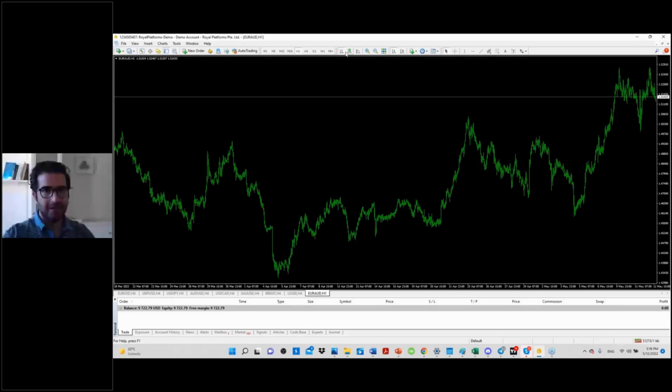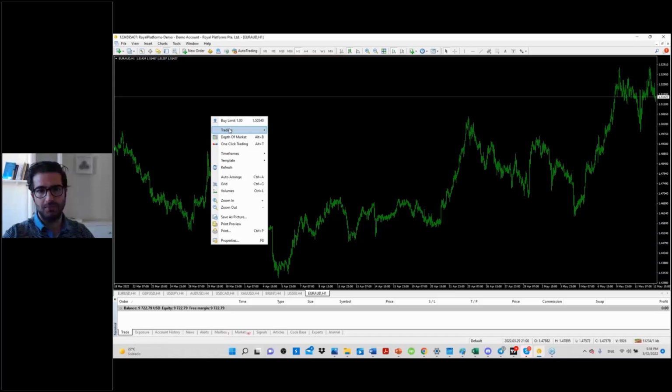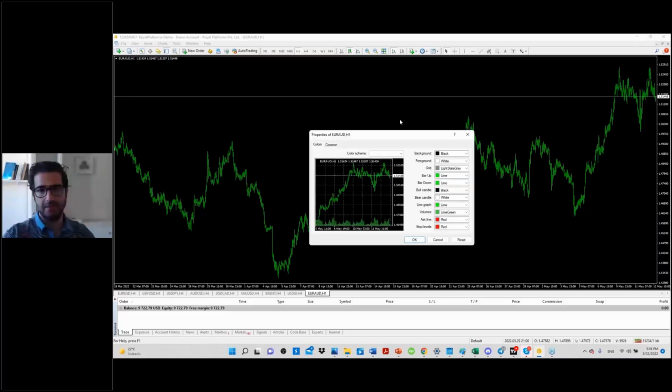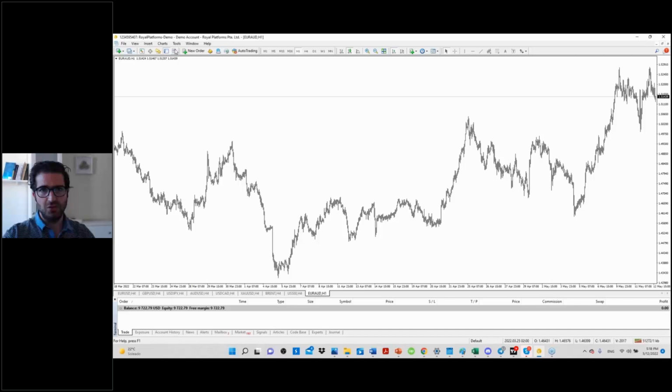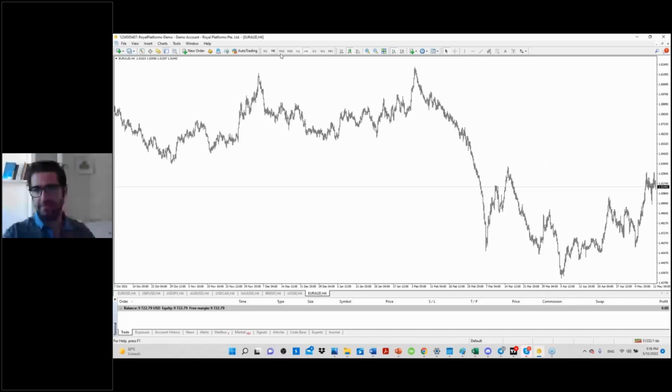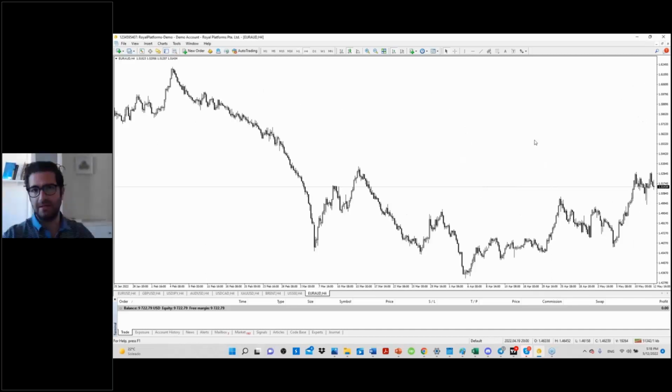Let's see the Euro USD, and I will show you how you should open a position, how you close it, and how you will see the profit and loss. Here we have the Euro USD on the 4-hour time frame. It doesn't matter, it's just an example. Please do not take it as investment advice. It's a very simple one just for showing you an example.